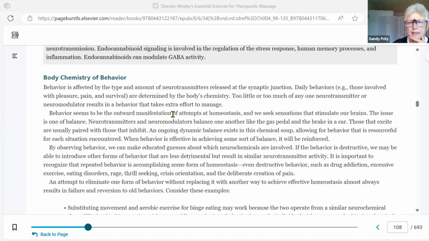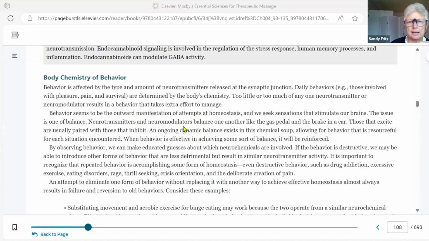So I take a Zoloft, a serotonin reuptake inhibitor, SSRI medication for obsessive compulsive disorder-ish tendencies, and it makes my life a whole lot easier. And it interfaces within this chemical soup, this body chemistry. So it's not perfect, just like the thyroid hormone I take, which is an endocrine substance, is not perfect.